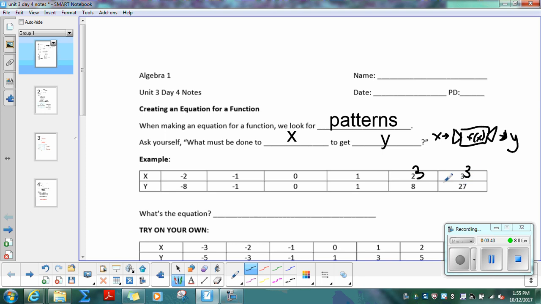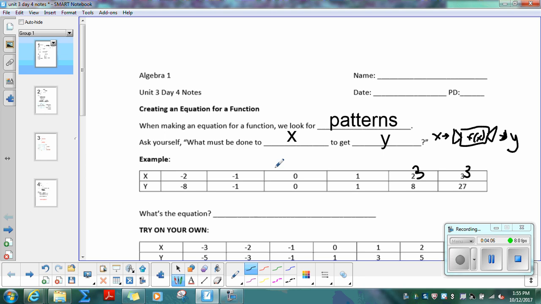So it works for these. If I cube 1, will I get 1? Yeah. If I cube 0, will I get 0? Yeah. If I cube negative 1, will I get negative 1? Yes. If I cube negative 2, will I get negative 8? Yes. Because it's the same thing happening to each ordered pair, the same pattern, that's the equation.